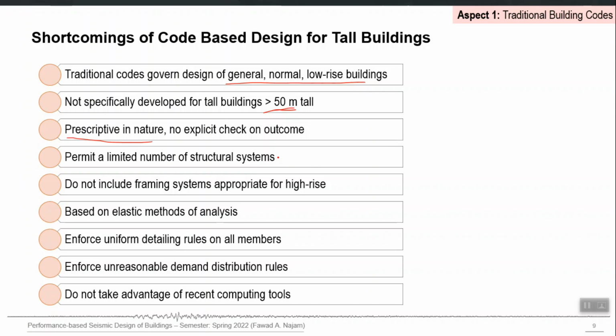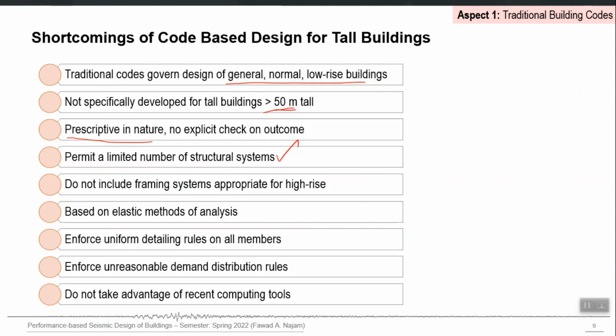So they are limited to a certain number of structural systems. Currently we have very advanced structural systems. For example, let me give you one or two examples: tubular systems, then the diagrid system, a structural system without any columns, for example. All of those innovative structural systems, building codes do not cover them, right?